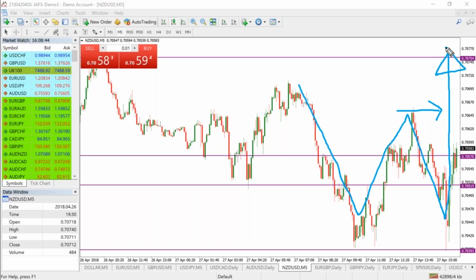But from a technical perspective, we've got a double bottom. So now this high in here becomes very, very important. So let's see, do we get a significant W formation?